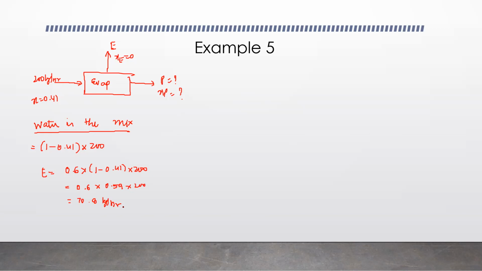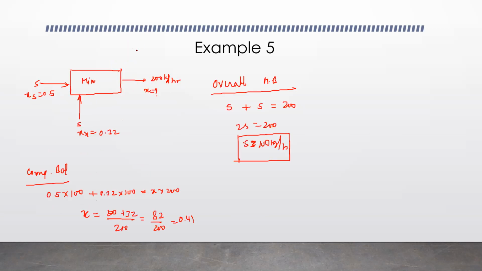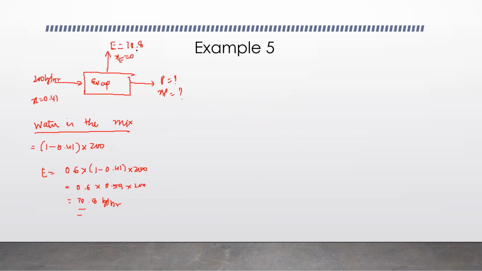So 1 minus 0.41 is 0.59 and 60% of that is 70.8 kg per hour. This is how we have calculated E. Now, once we have E, we can use either of the two diagrams. But since we already have this diagram, let's use this itself.